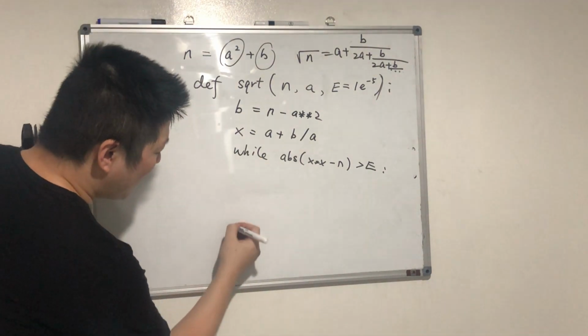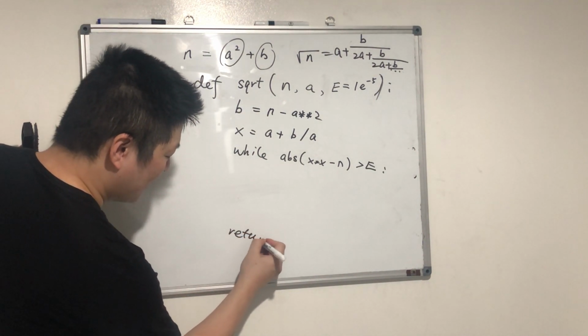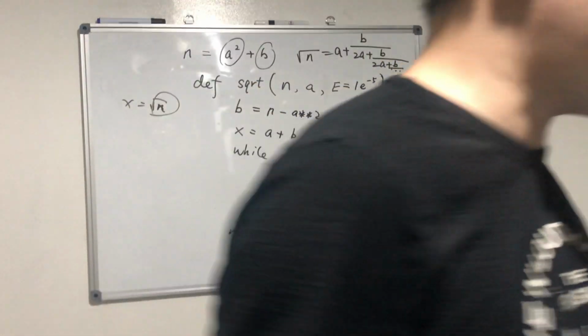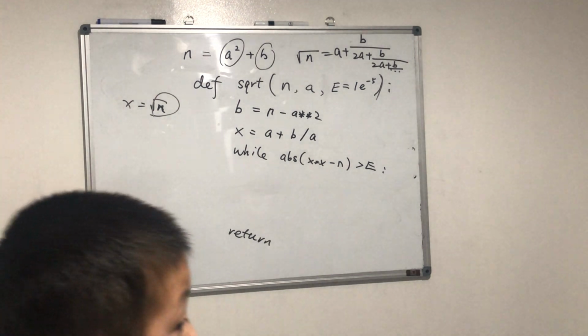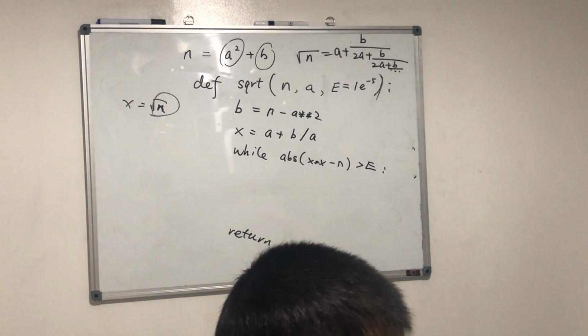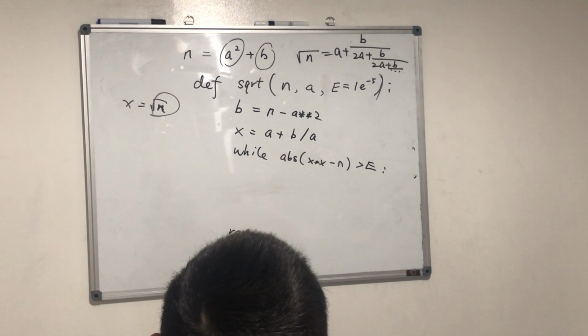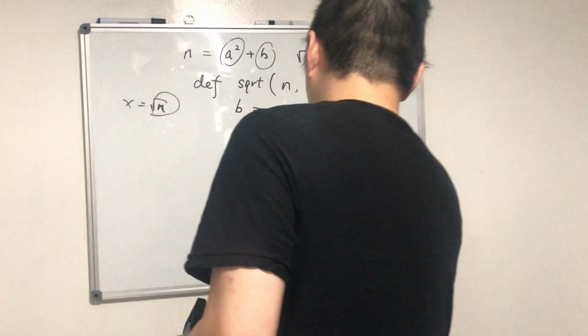And you can imagine, what should I return here? I want to do something here, but you tell me what should I return? x. Return x, yes, because this x is the target.